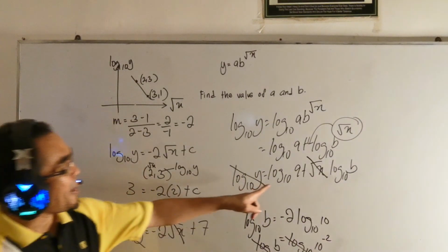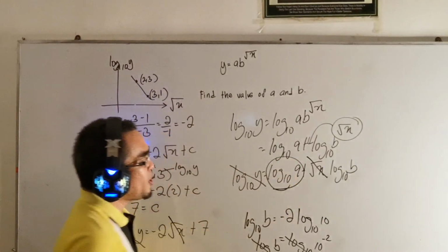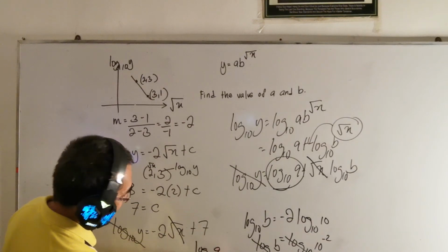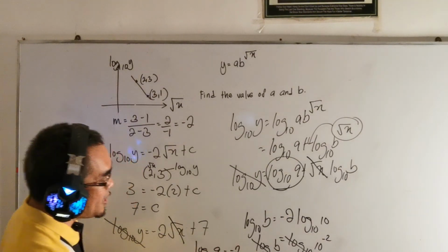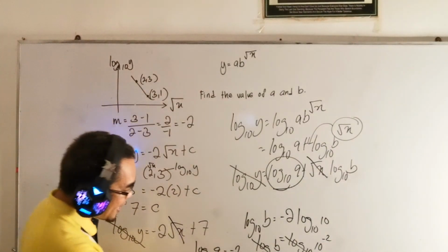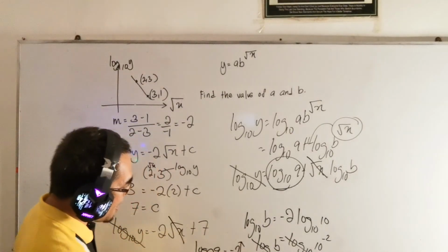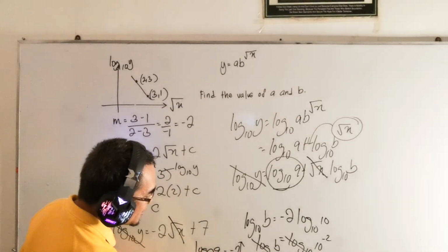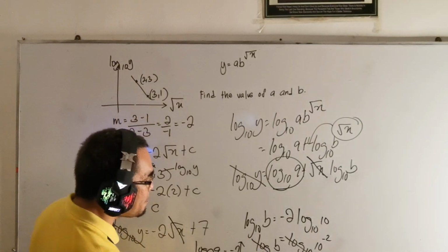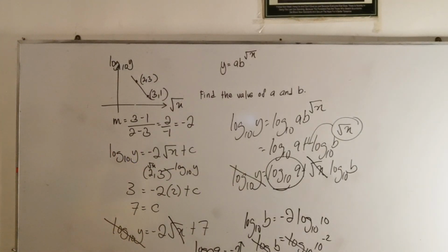Then we can compare log 10a, because this represents c, as there is no x there. So we say log 10a equals... oh, I think there is a mistake there.